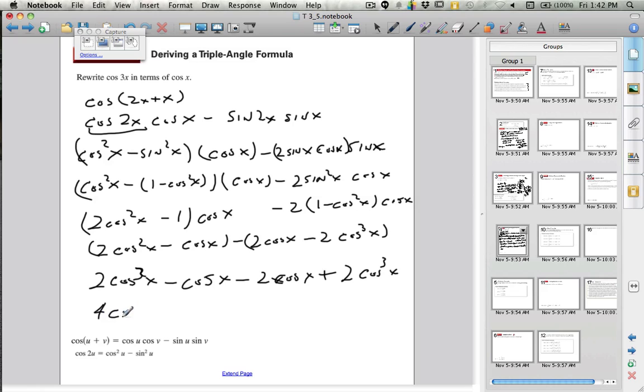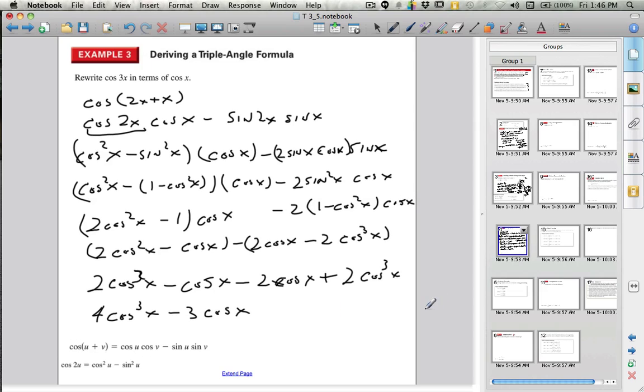So I'll have 4 cosine cubed x minus 3 cosine of x. And that's complete.